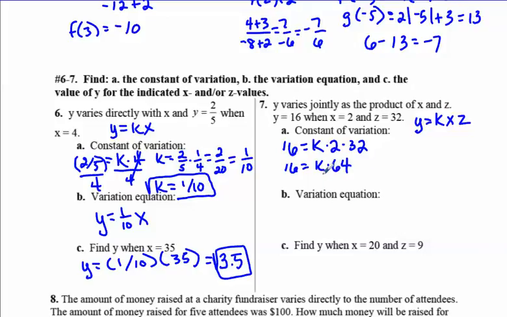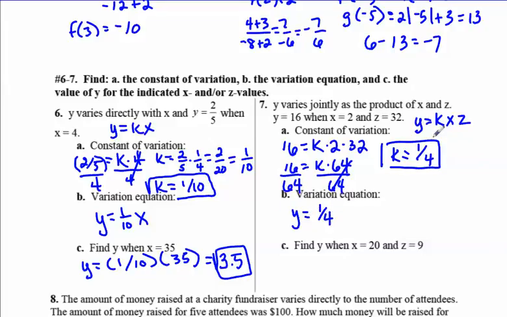And to get the k by itself, divide by 64. So k equals 16 over 64, which simplifies. So k is 1/4. So then my variation equation is y equals 1/4 times x and z.